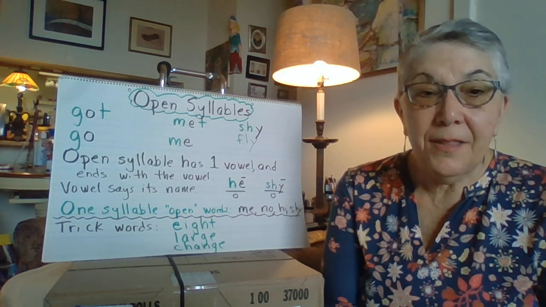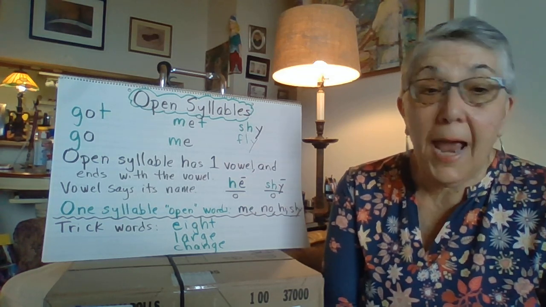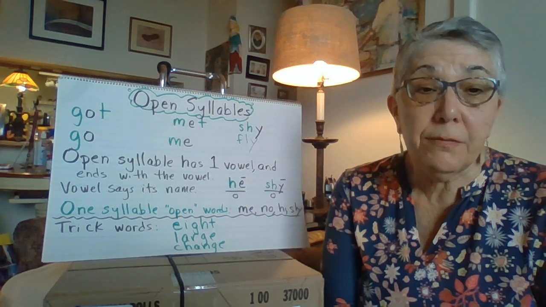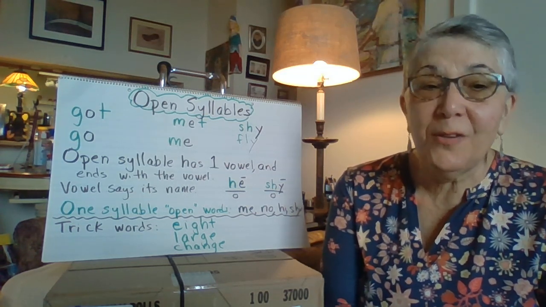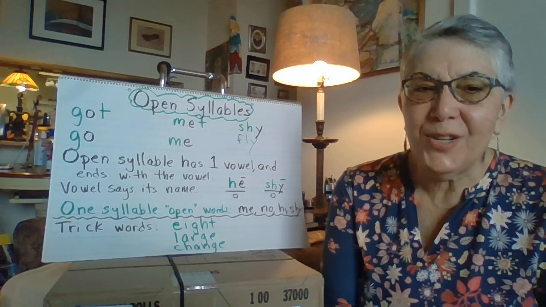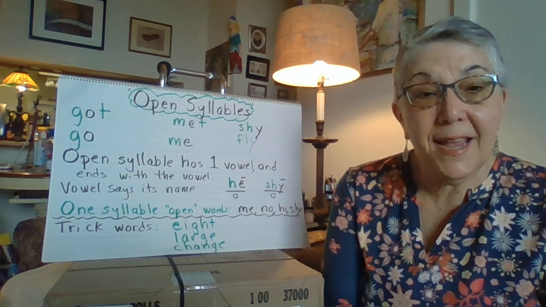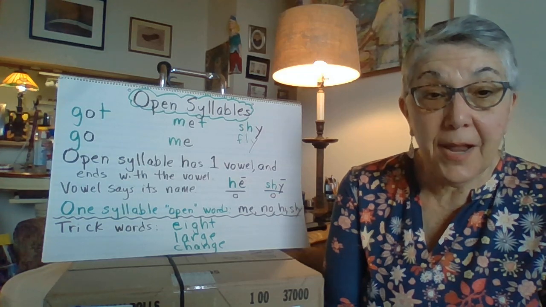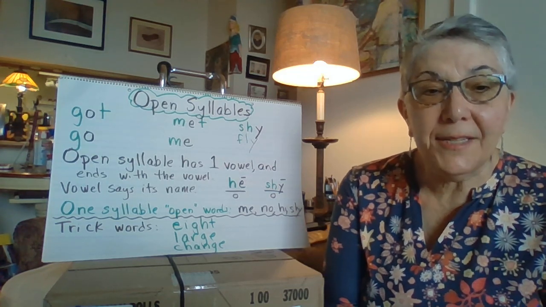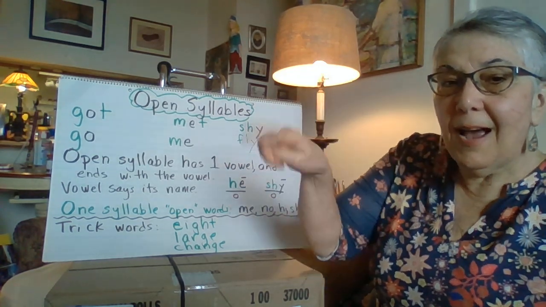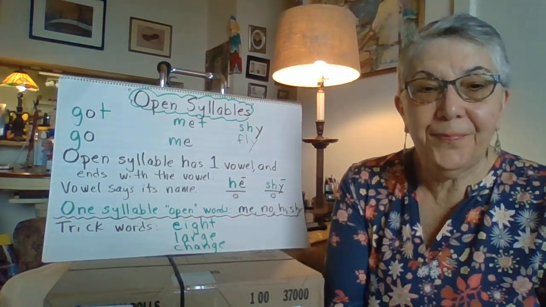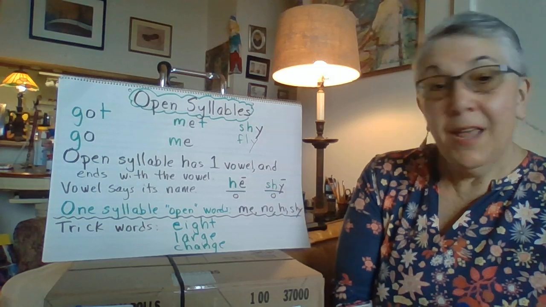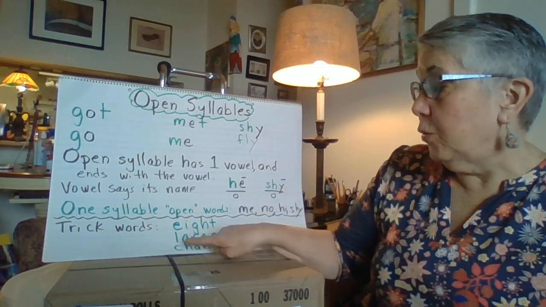You're right. The only part of it that sounds like it's written is the T at the end. But the E, the I, the G, and the H, those all make the word eight pretty tricky. So let's say it together and then let's air spell it. Air write it, okay? Eight. E-I-G-H-T, eight.